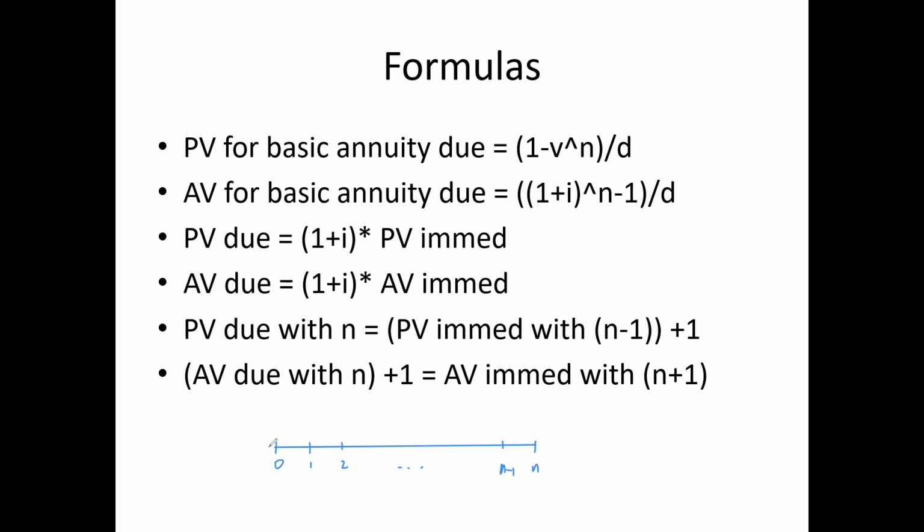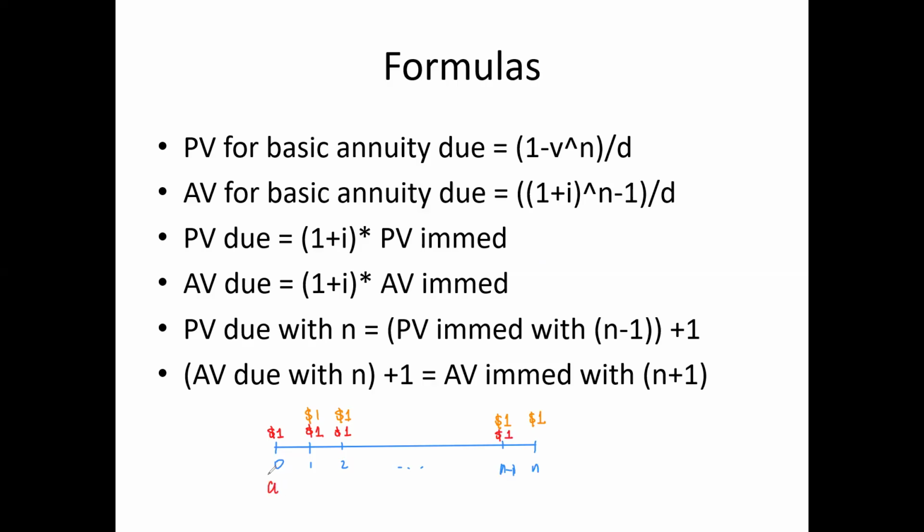So totally you have n periods. For annuity immediate, I'm going to use a different color, you have $1 at the end of each time period, totally n payments. And for annuity due, we have $1 here, and $1 here, and $1 here, and then a $1 here. That's it.